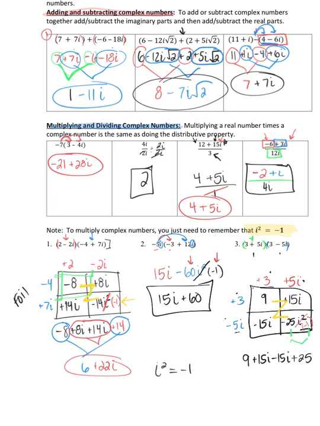And then what we can do is combine like terms. So 9 plus 25 is 34. And then 15 minus 15 is 0, right? So they cancel out. And my end answer becomes 34. Okay? So this is how we would complete something like this. All right? So on to the next.